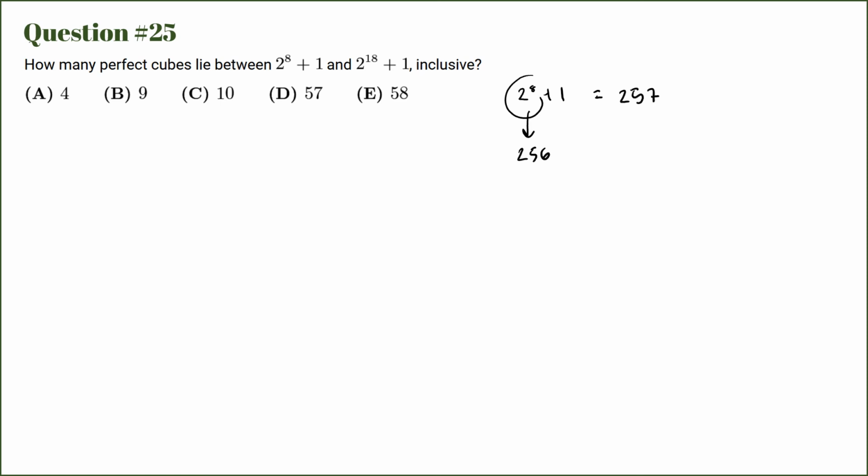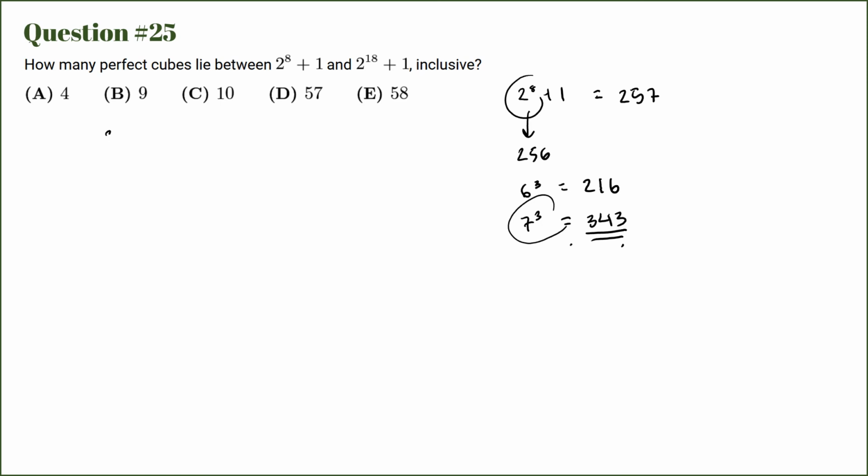So the cube right below that would be 6 to the 3rd, which is 216. And the cube right above that would be 7 to the 3rd power, which is 343. So this is where we start from.